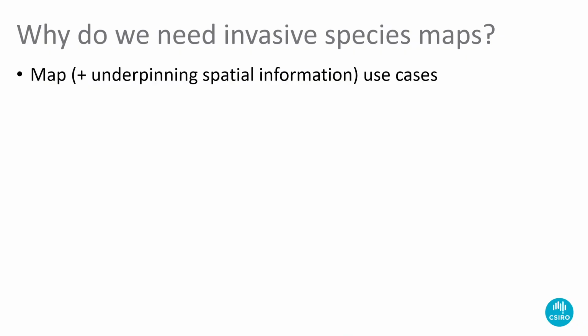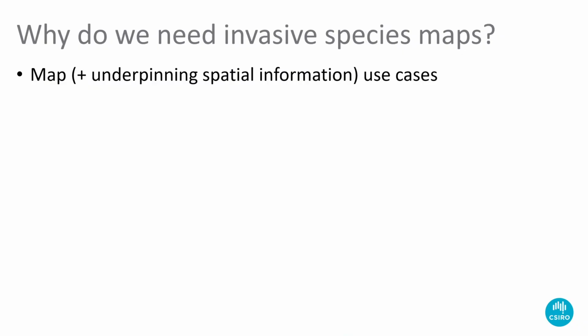So why do we need national scale invasive species distribution maps? And when I say maps, I don't mean just printed pictures, but also the underpinning spatial information in the form of GIS data layers.